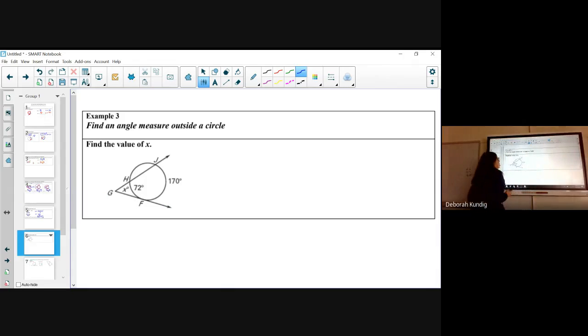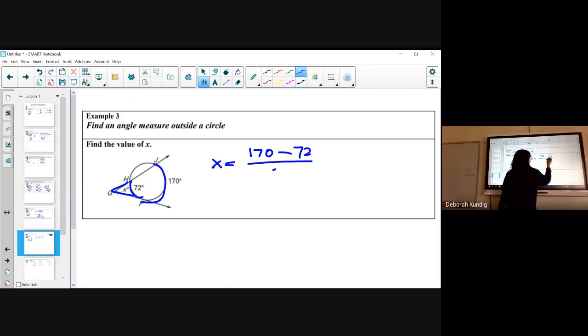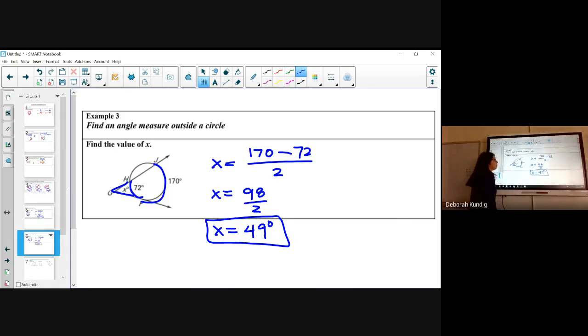So this angle x is equal to the outer arc, 170, minus the inner arc, 72, divided by 2. 170 minus 72 is 98, divided by 2, so x is equal to 49 degrees, which is that angle.